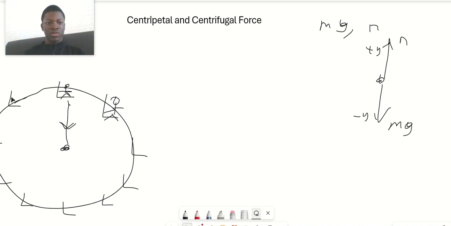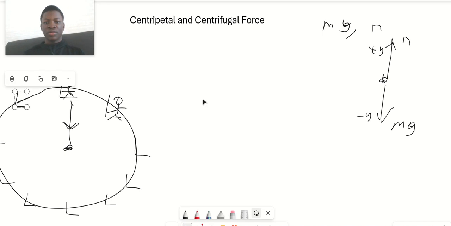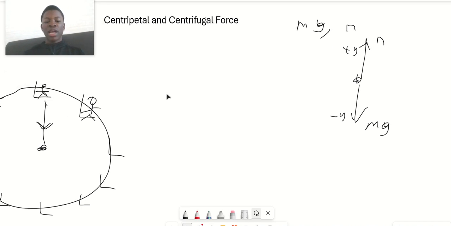The force acting on the object when it's up will be the normal force, keeping it at its seat, minus the weight of the object, because the weight is acting downwards, and that will be equal to the mass times acceleration of the object according to Newton's law.